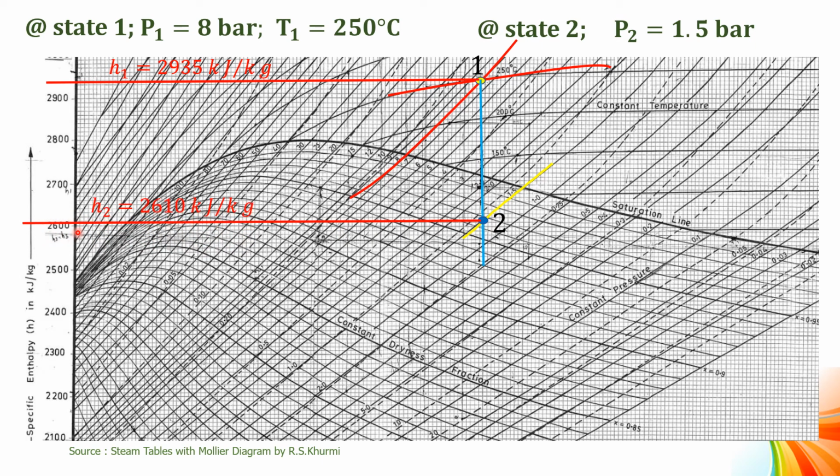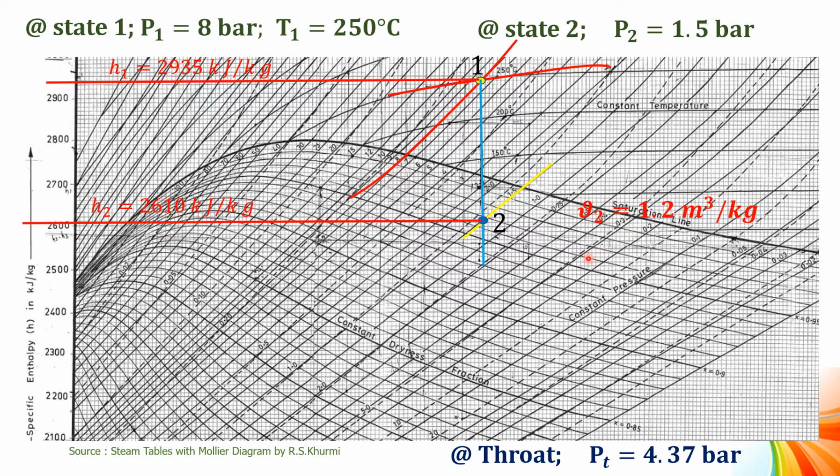From the y-axis, we measure the H2 value, which is 2610 kilojoule per kilogram. Now, measure the corresponding specific volume at point 2. That value is 1.2 meter cube per kilogram.